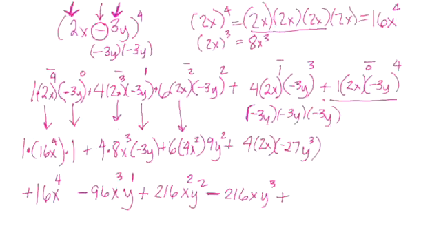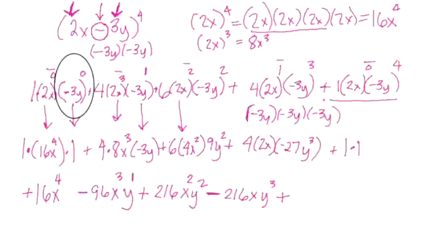Okay, so now I'm looking at the last term. I've got my coefficient of 1 that came from Pascal's triangle, 2x to the 0 power. What is anything raised to the 0 power? It's 1. So anything to the 0 power is 1. So I've got 1 times 1. Okay, that's a bit redundant. Then right here, negative 3y times negative 3y times negative 3y times negative 3y. So I know that it's going to be y to the 4th.